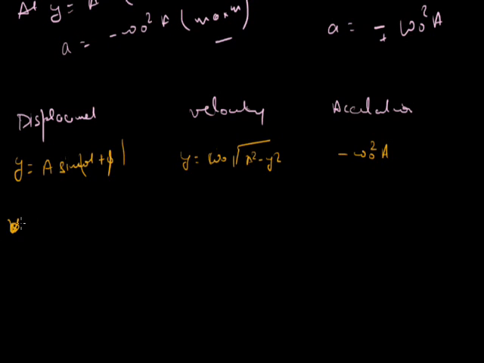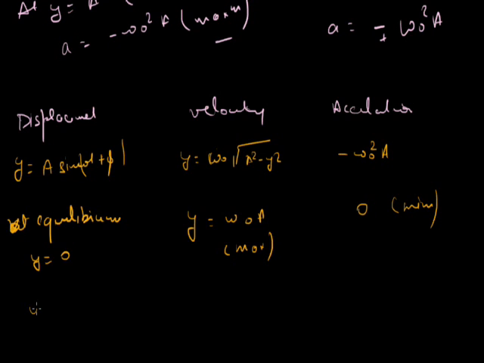And about the velocity at equilibrium, that means y is 0, here the velocity is omega naught a, that is maximum, right? And acceleration here was 0. When y is positive, velocity is positive and acceleration is negative.